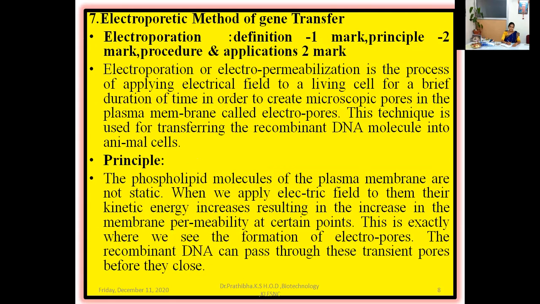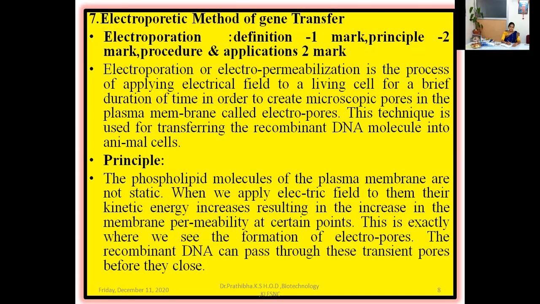Okay, now let us go through what is this electroporation. Electroporation or electropermeabilization is the process of applying electric field to a living cell for a brief duration of time in order to create microscopic pores in the plasma membrane called electropores, and that will be done only for a transient period.